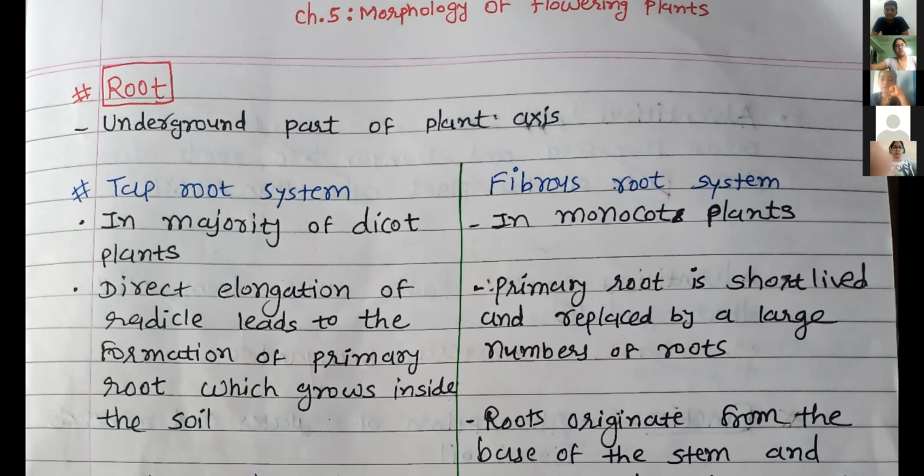The study of the external features of plants, yes, the study of the external features, we call morphology, whether it's a plant or animals. Morphology means the study of external features, remember.